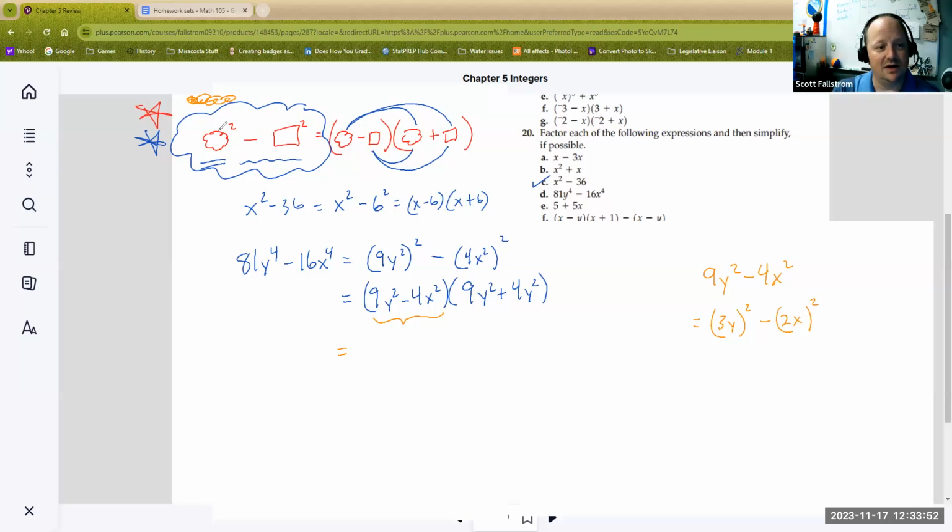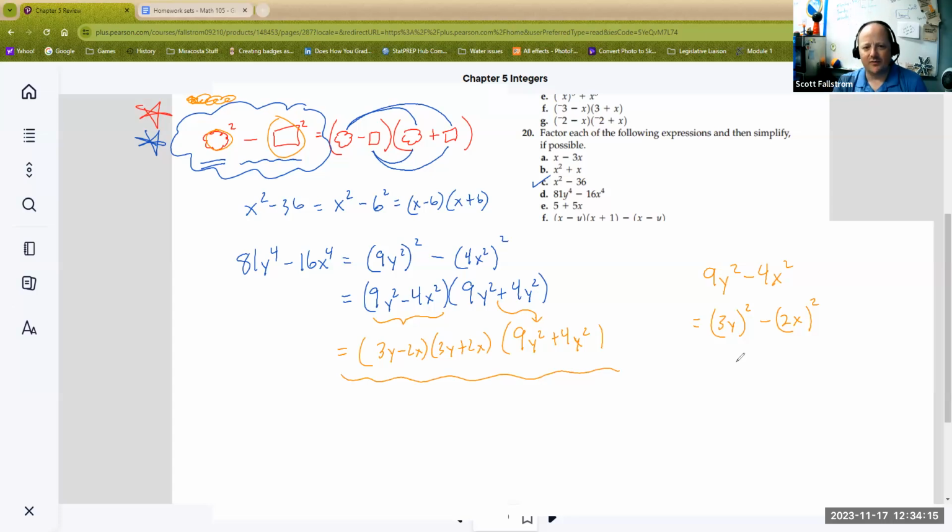That would be my cloud and box. So I end up with 3y minus 2x times 3y plus 2x, and then just bring down the other chunk that we couldn't break down any further. And there you go.